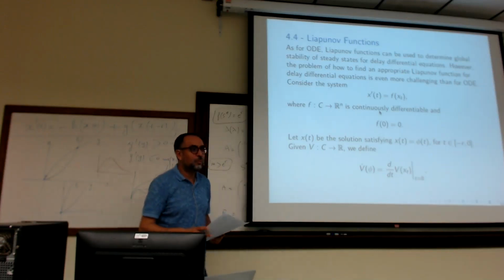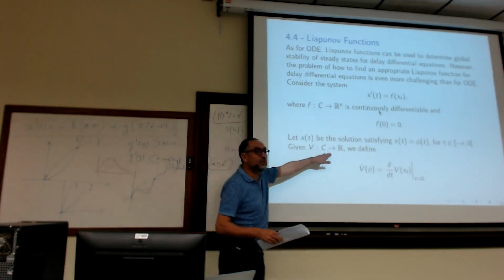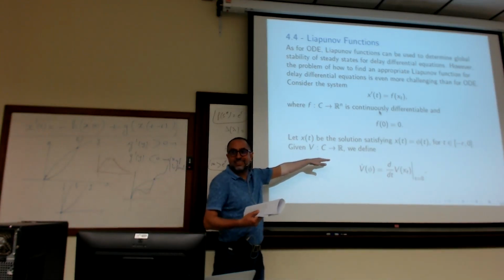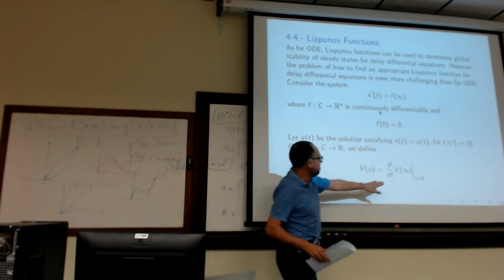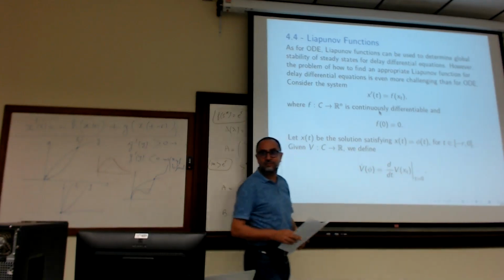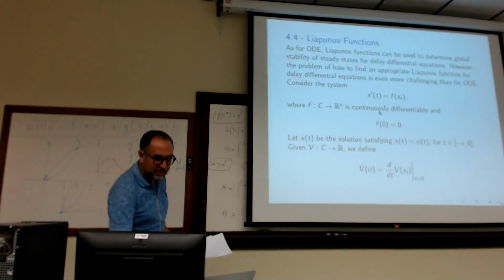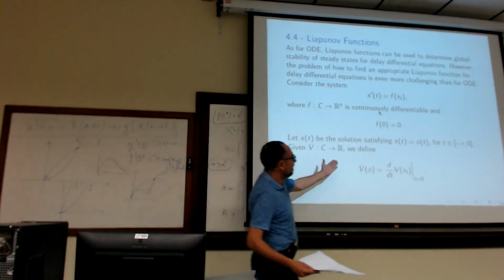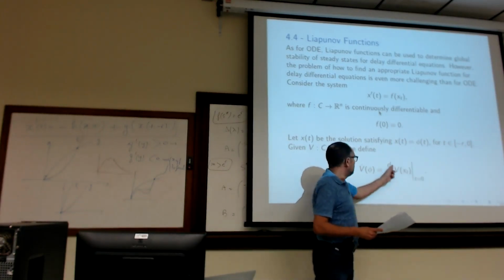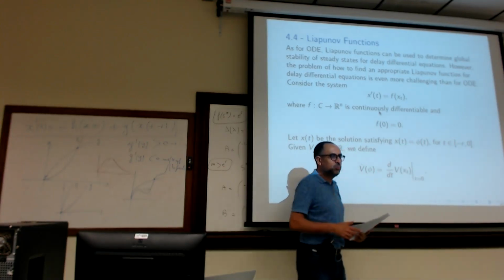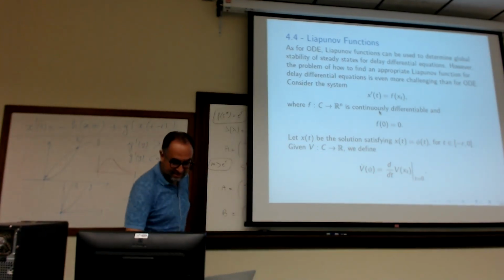The only problem here is the Lyapunov function is a functional. It acts on this function. But the idea is the same. If you are able to find like energy such that along the solution, the derivative of this is negative, you have a Lyapunov function. But it's not enough.